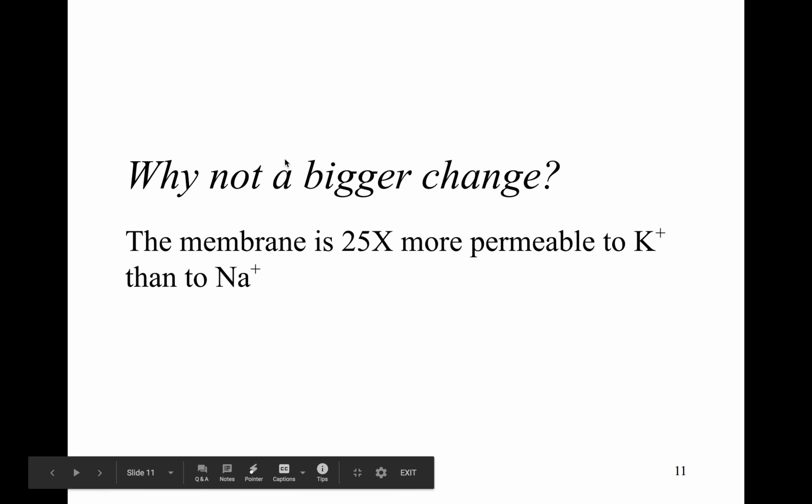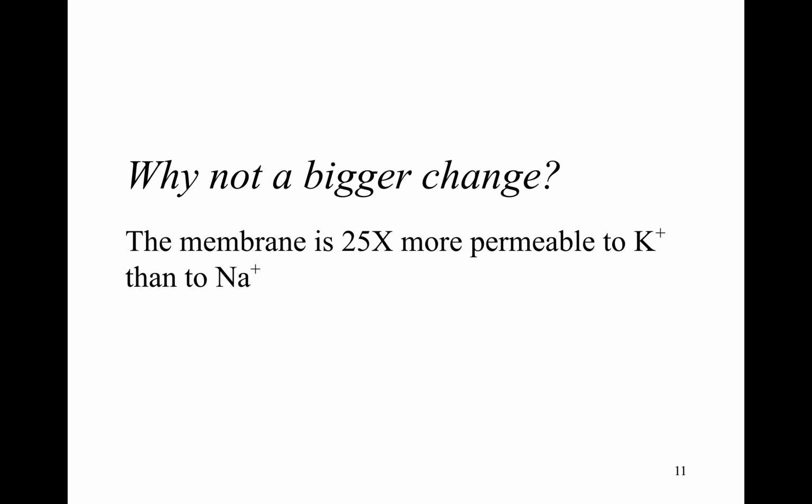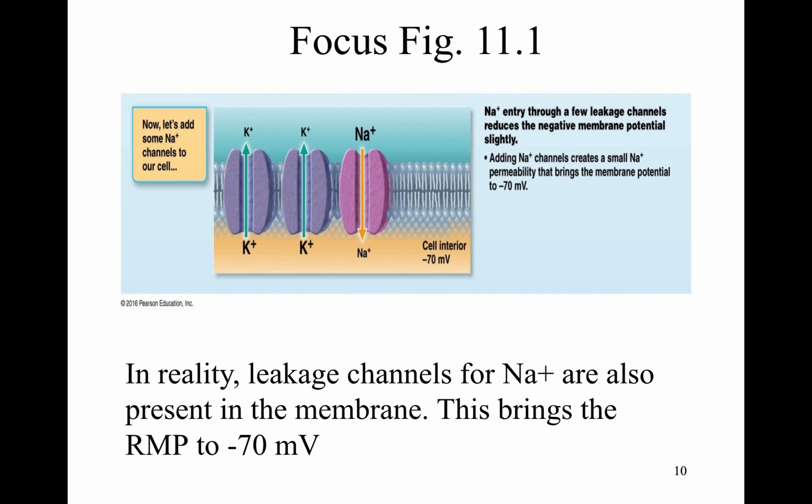So why don't you think we see a bigger change in that resting membrane potential when we add in our sodium leakage channels? Well, if you look at this diagram, what it's showing you is that we have more potassium leakage channels than sodium leakage channels. This is a simplified diagram that's showing you essentially a 2-to-1 ratio of potassium leakage channels to sodium leakage channels.